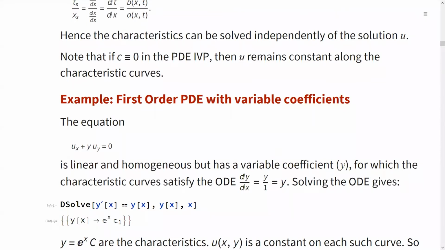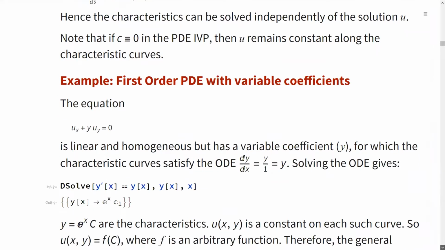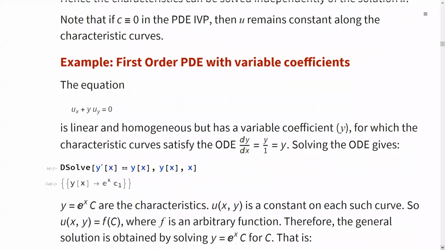And note that if c equals 0 in the PDE initial value problem, then u remains constant along the characteristic curves. So now we will see this method on two different examples.